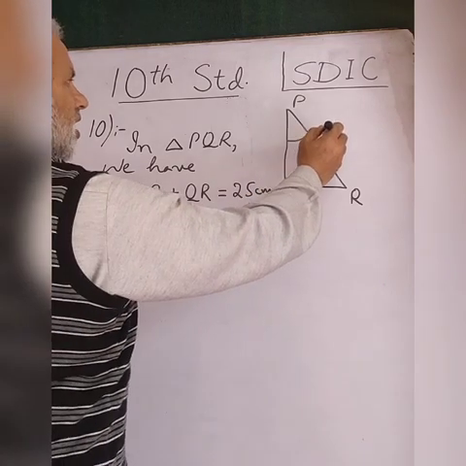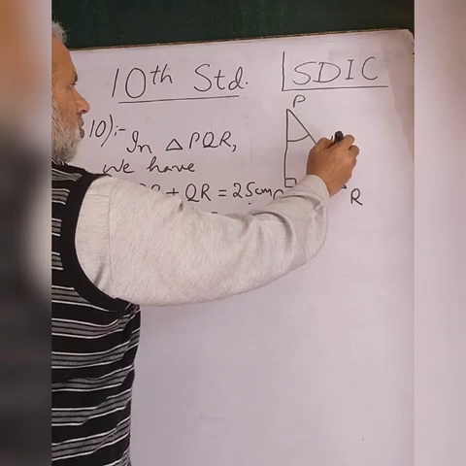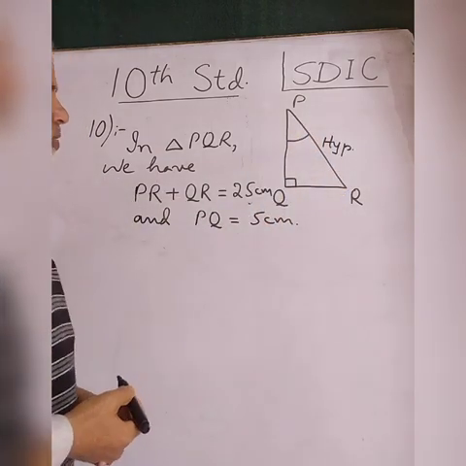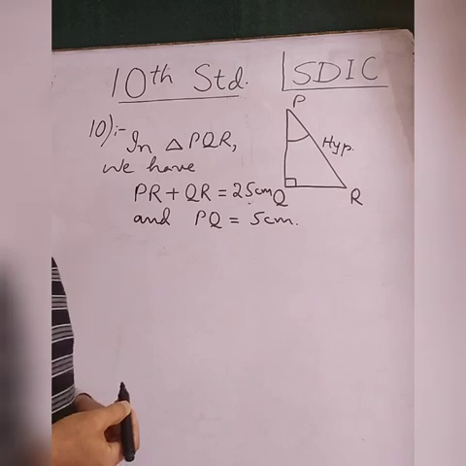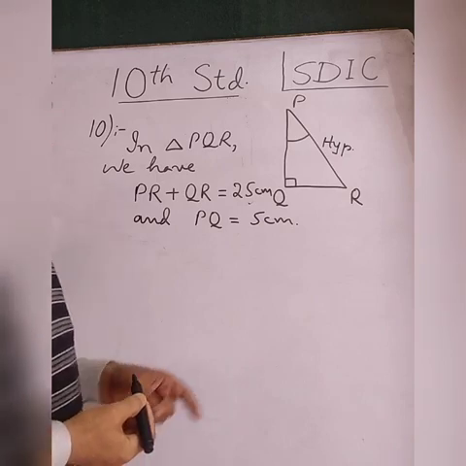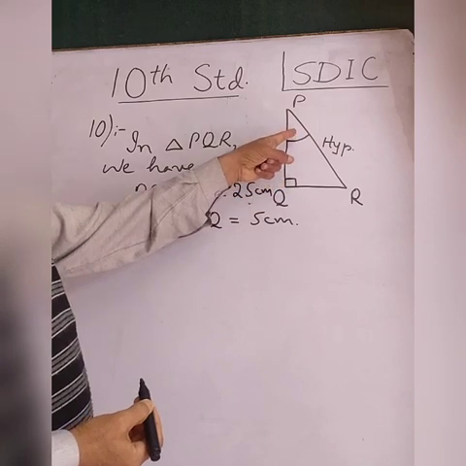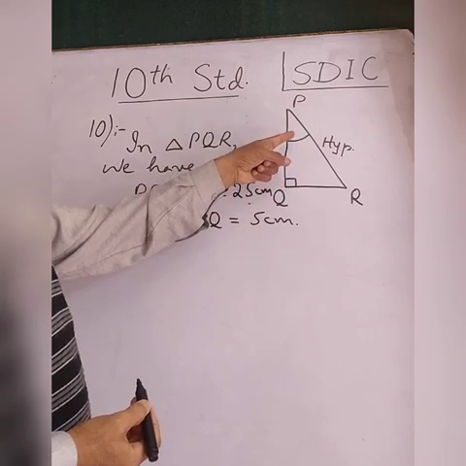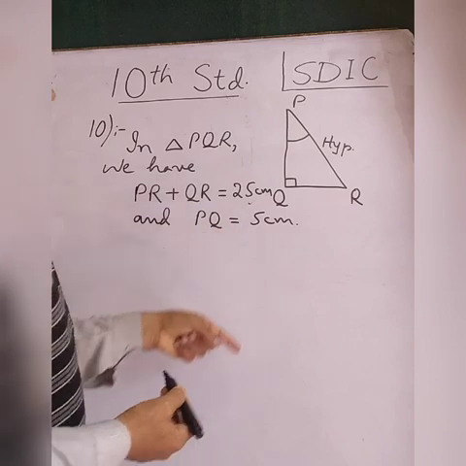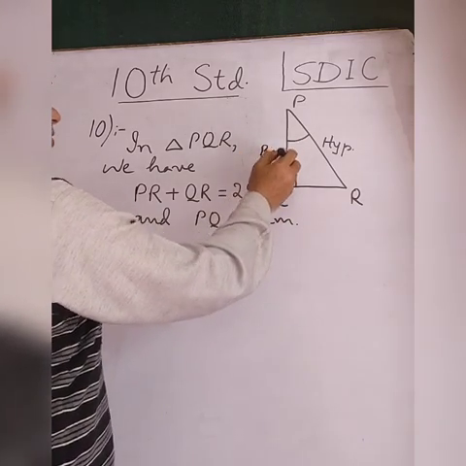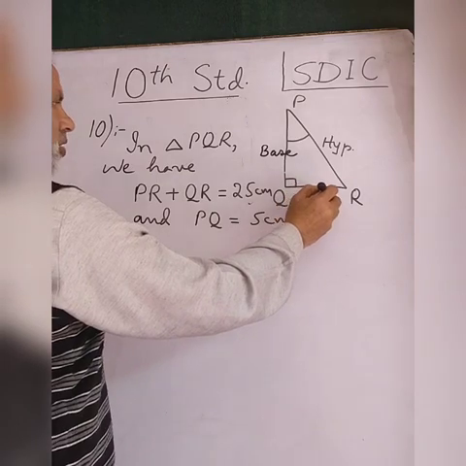Opposite side is PR. This will therefore be the hypotenuse. And then out of the remaining sides, PQ and QR, which one will you call base, which one perpendicular? The adjacent side of the acute angle that is chosen is called the base. So that is PQ here. This is the base of the right triangle. This will be the perpendicular.